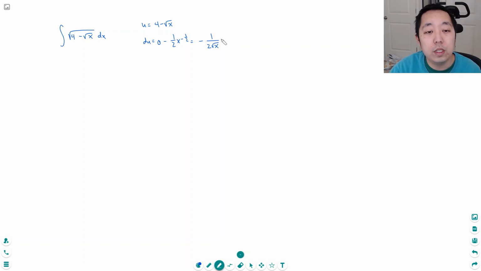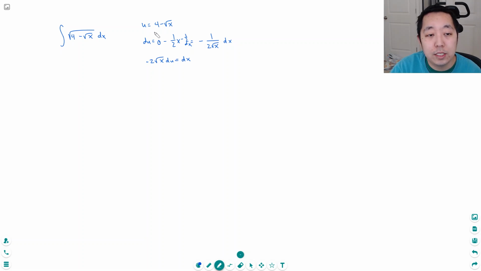Oh, there's a dx in here, I forgot. dx. Okay, you might be thinking, that's not particularly helpful. But one thing you're allowed to do is rearrange and solve for dx. So I can have negative 2 root x du is equal to dx. Now this isn't helpful because my goal is to replace everything with u, and I have an x in here.